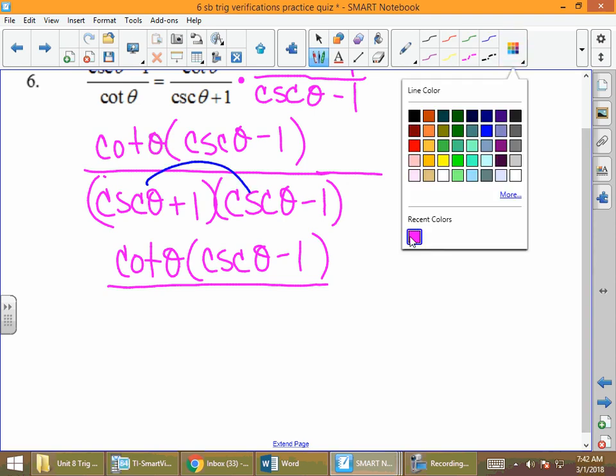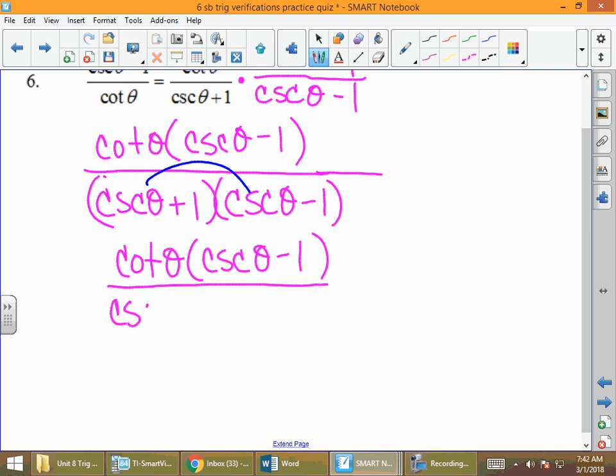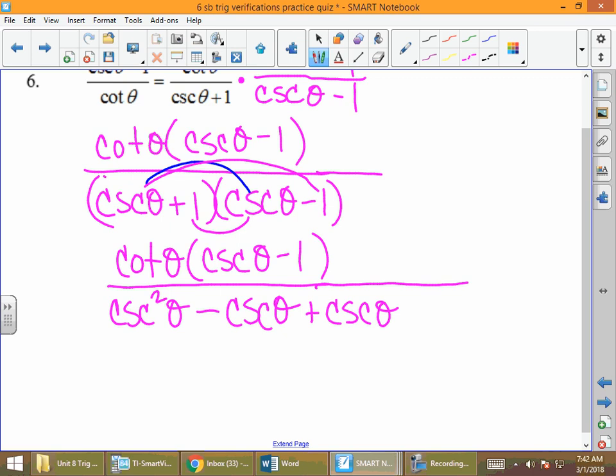Well, cosecant times cosecant is cosecant squared theta. And it's going to be cosecant times negative 1, which is going to be minus cosecant of theta. Positive 1 times cosecant of theta is positive cosecant of theta. And then positive 1 times negative 1 is negative 1.